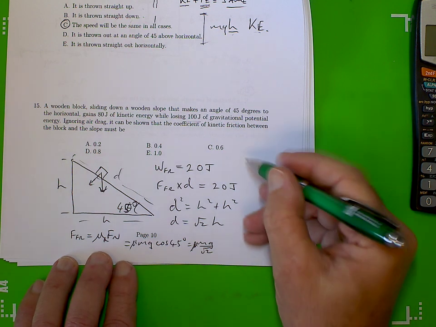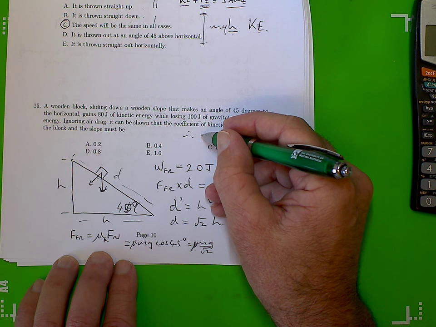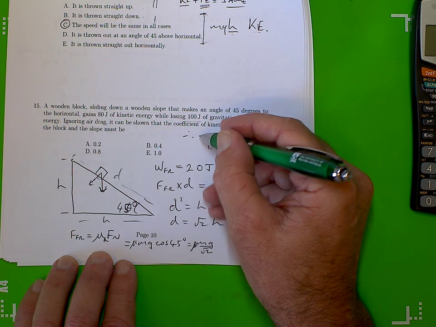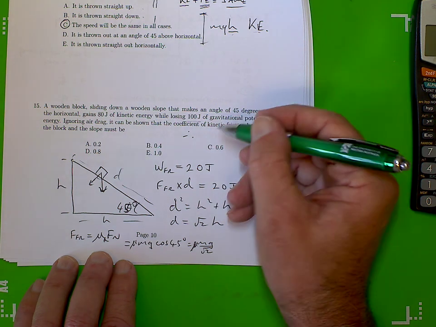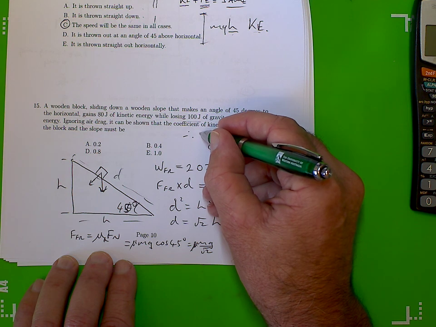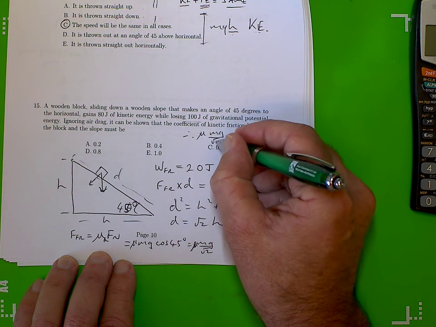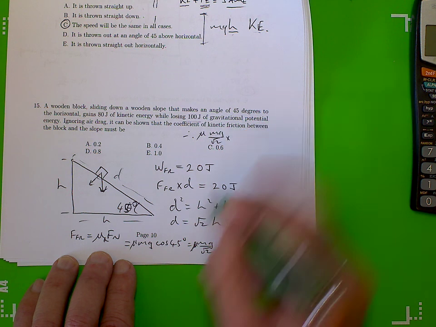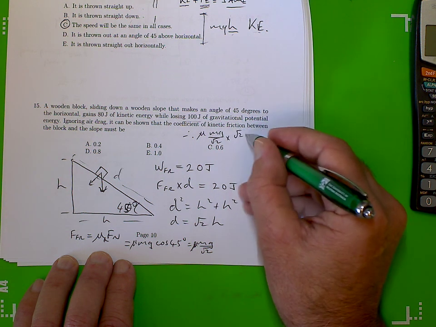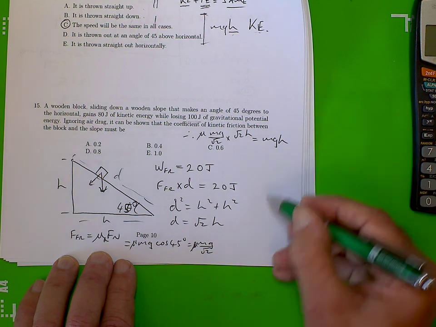So, I've run out of energy now. We need mu times mg over the square root of 2 times d, which is the square root of 2 times h.